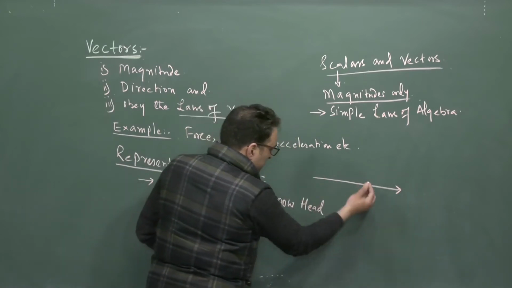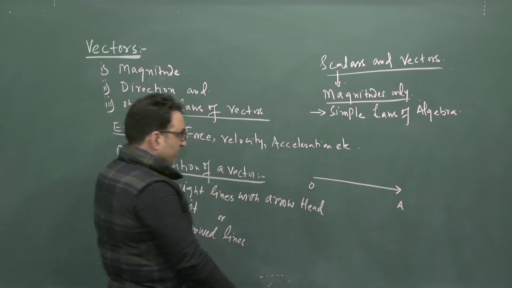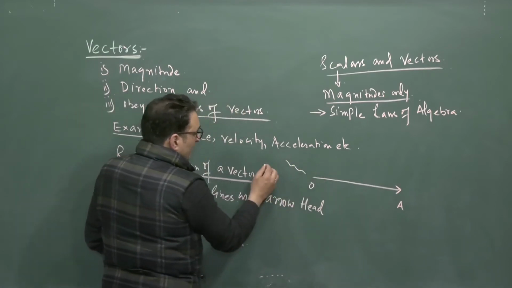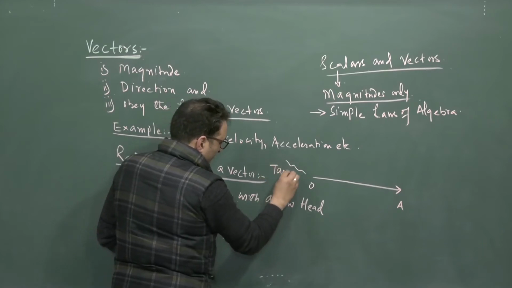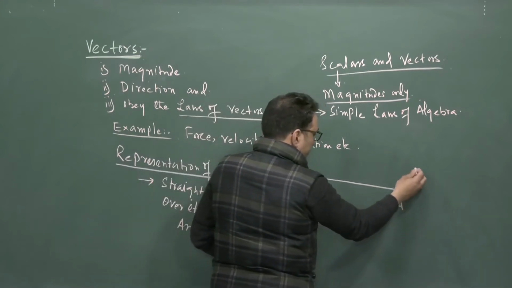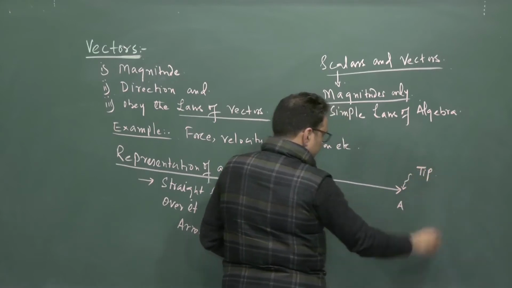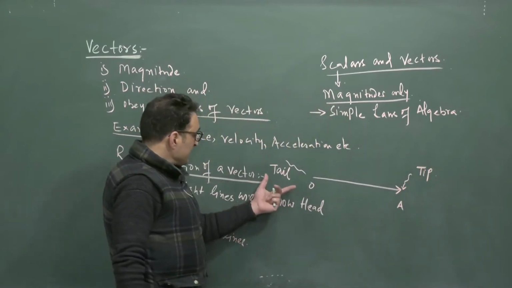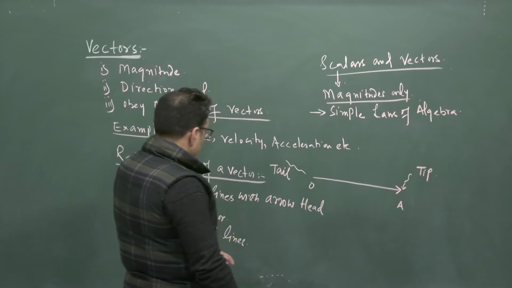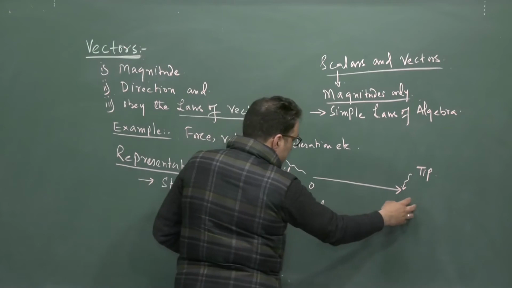Now let me name this as point O and this as point A. Now point O is called tail, while as the finishing point of the vector is known as tip. We can call tail as the origin and this tip as the finishing point. O is the starting point of the vector, whereas A is the finishing point of the vector.